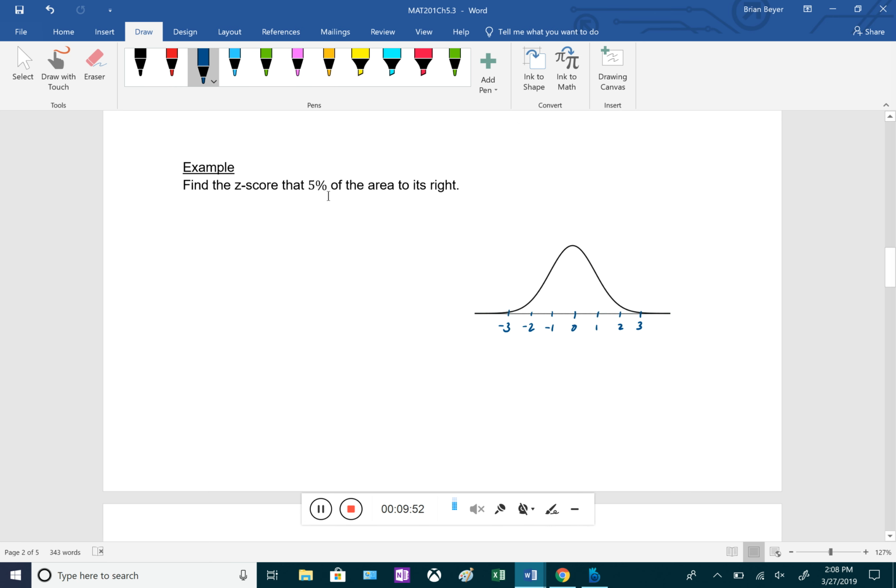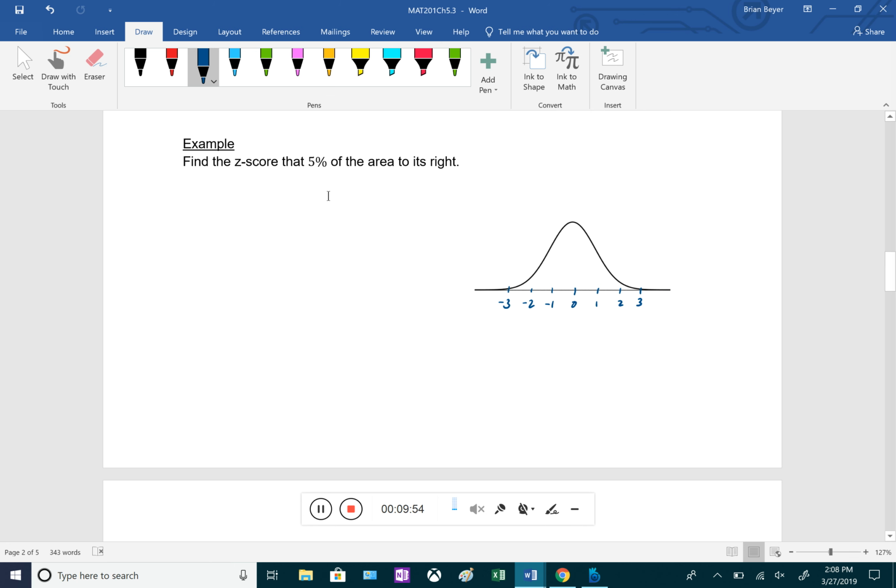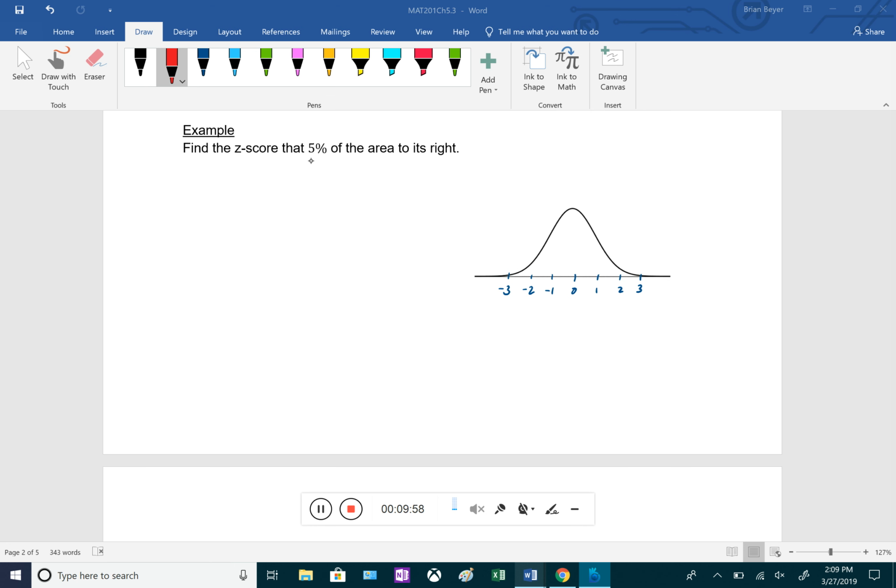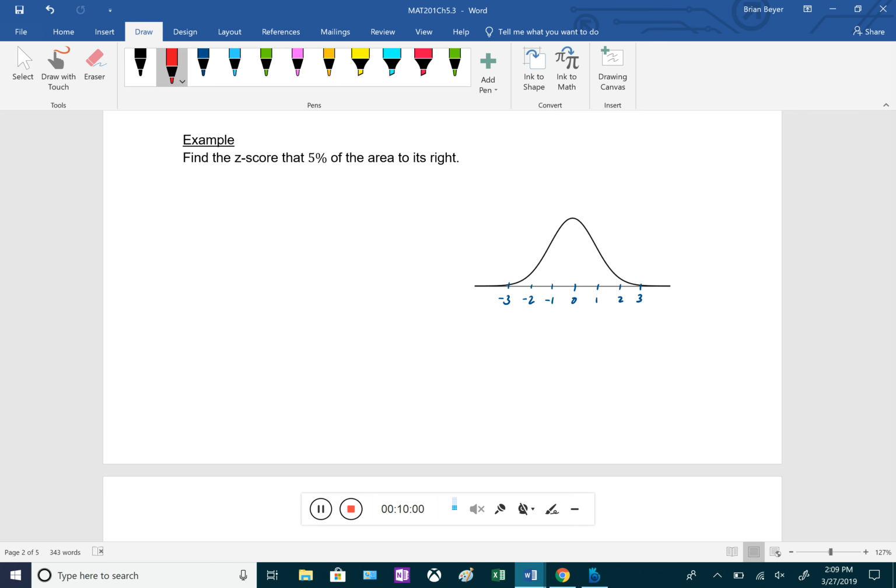Okay, next one we have: find the z-score such that 5% of the area is to its right. So 5% means we need it as a decimal, so it would have to be 0.05. So 0.05 or 5% to the right, that might be somewhere over here, where this area in here represents 5%, 0.05.